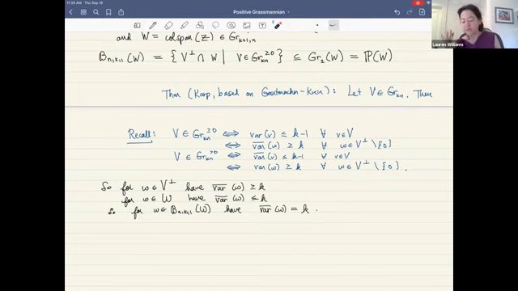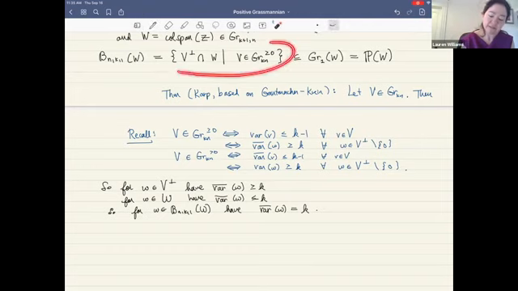Oh, and let me just say verbally, var of a vector was the number of sign flips we see when we ignore the zeros, and var bar was the maximum number of sign flips that we can see if we arbitrarily assign either plus or minus to each zero. Okay, so the upshot is that elements in this B amplituhedron are all vectors with var bar equal to k.